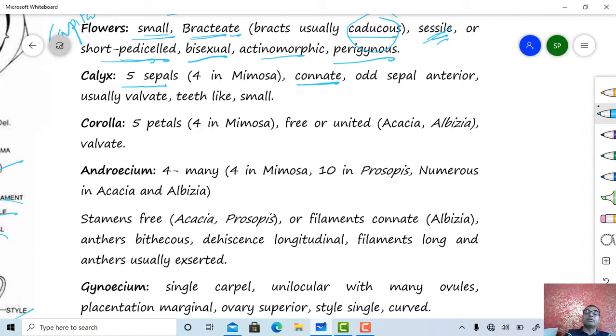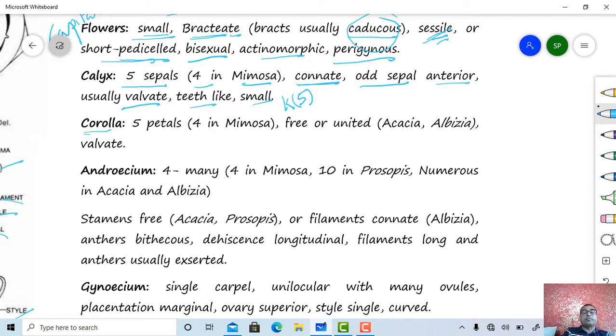That means 5 sepals are present and they are fused. In case of Mimosa, only 4 sepals are present. Here also one of the sepals is odd and present anteriorly, usually valvate, teeth-like, and small in structure.